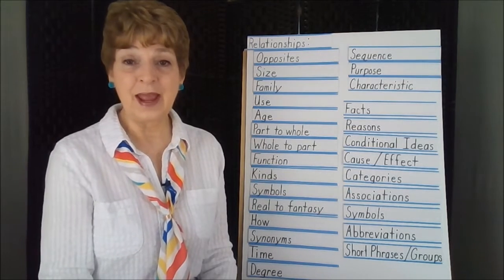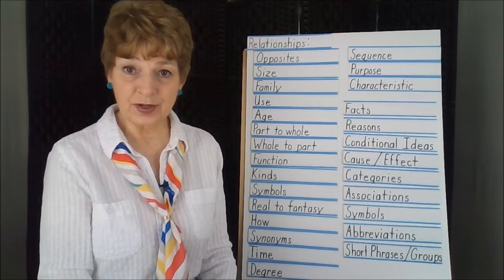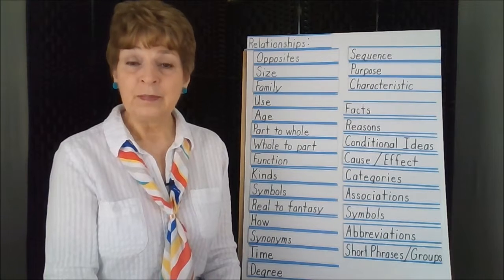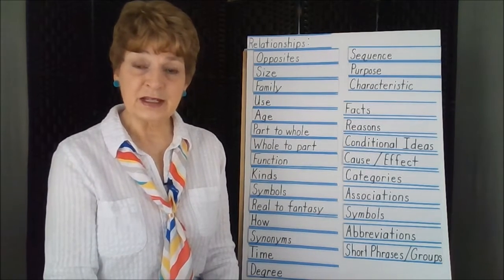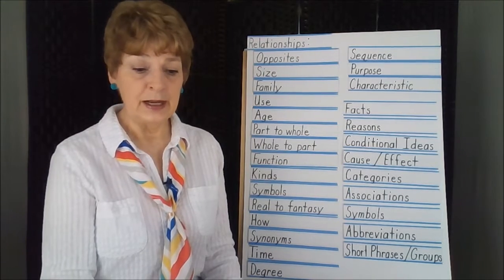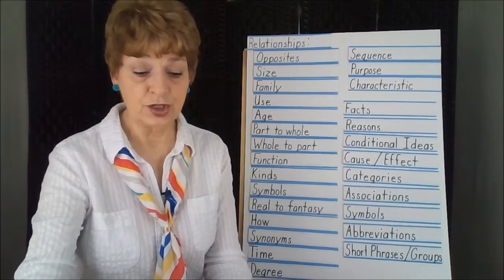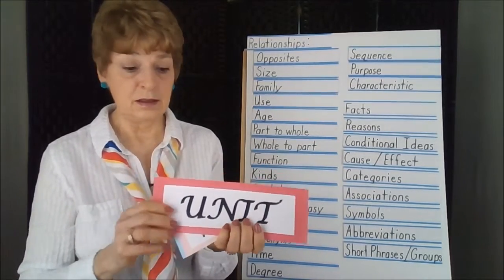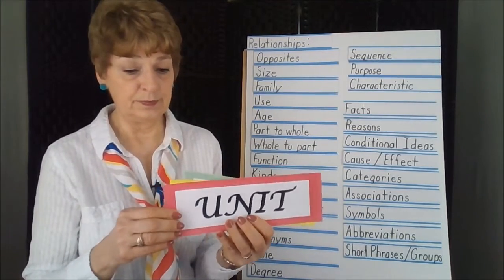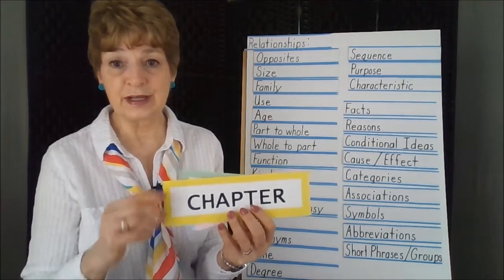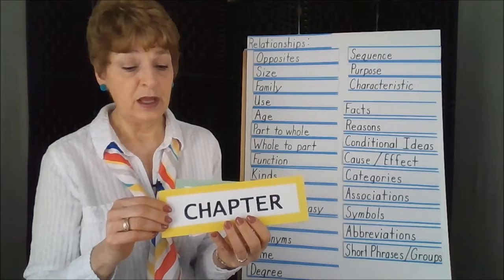Taking notes from a nonfiction source, like a textbook, is really quite a bit easier. The author of those textbooks organize the factual information into certain headings. For example, we've got units in most textbooks. And within the units, there are usually several chapters.